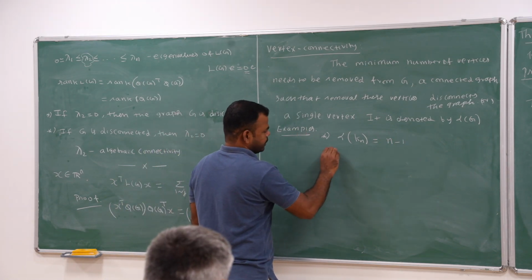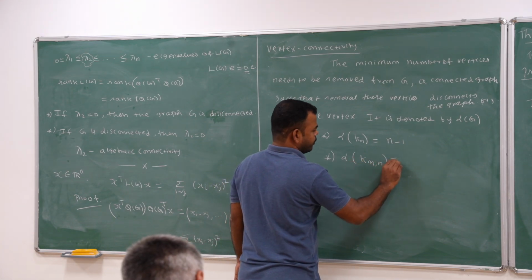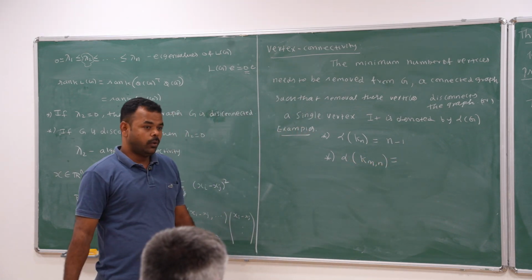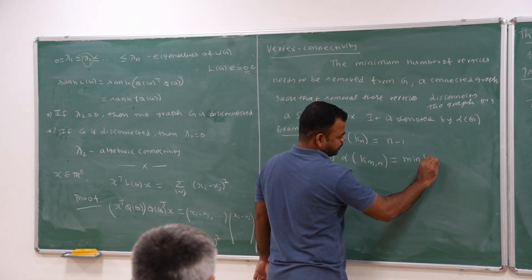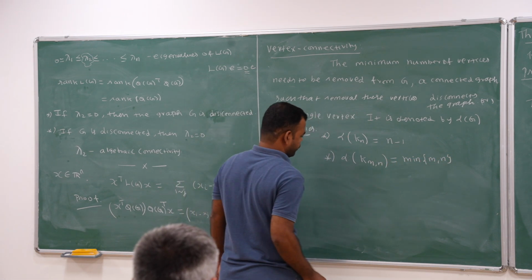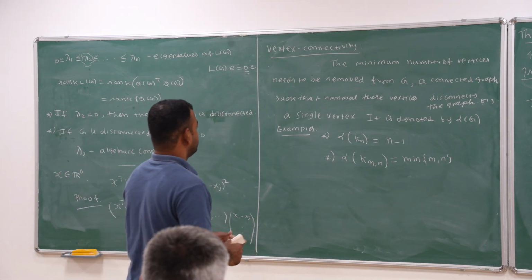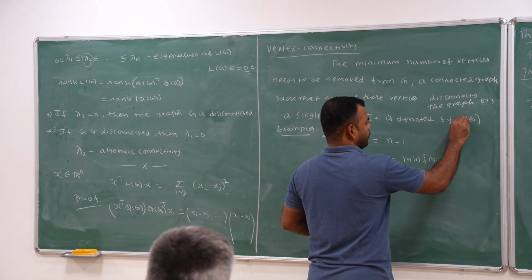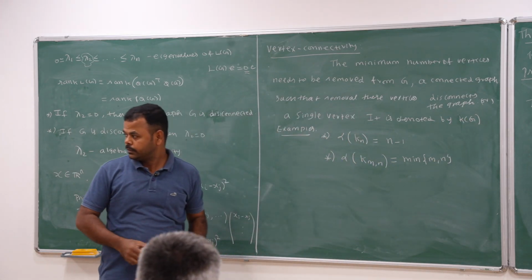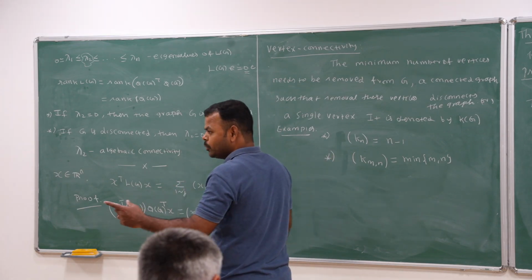If I take a complete bipartite graph, the minimum of the two part sizes. In Bapat and Murthy, what's the notation used?